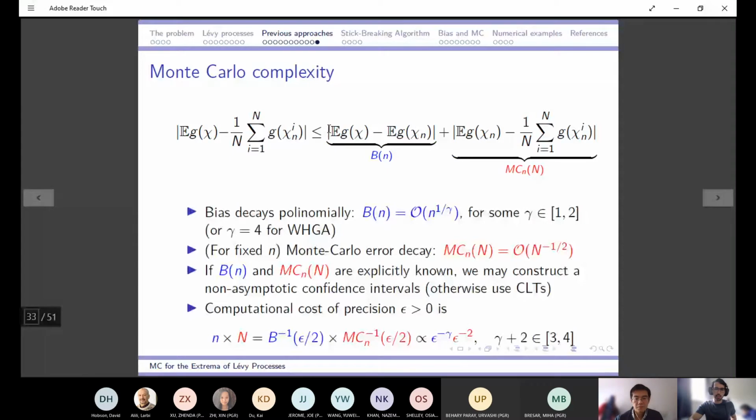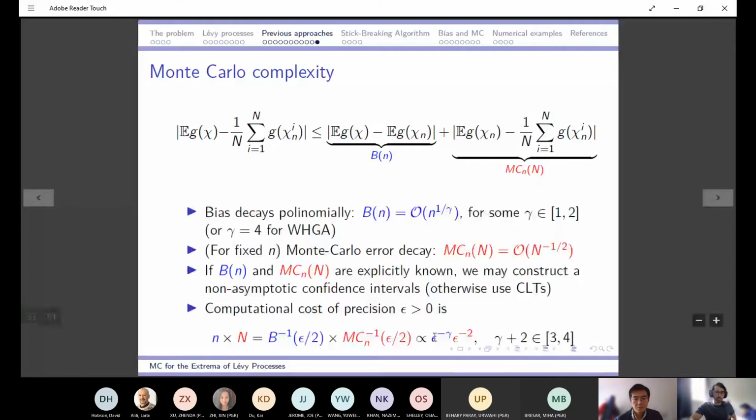I want this guy to get as close as possible to this expectation right here. And under the methods that I described earlier, this bias always decays polynomially. It always has this kind of decay, and it should be a minus, sorry, a minus in the exponent. And this gamma is always somewhere between 1 and 2. The specifics depend on the model you're actually working with, and whether you're using a random walk or the Wiener-Hopf approximation.